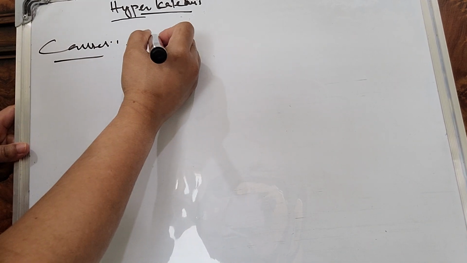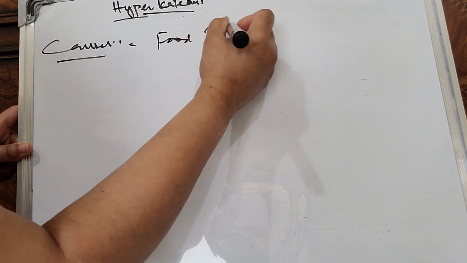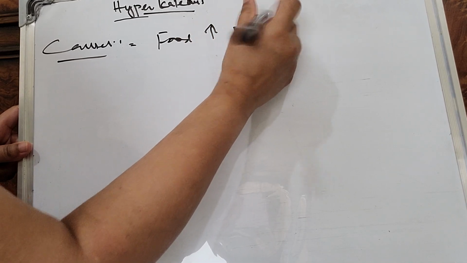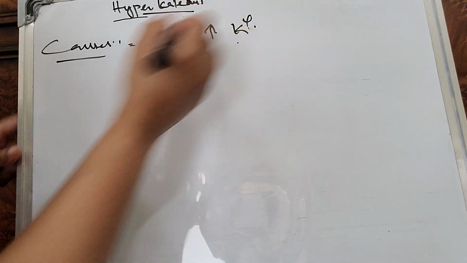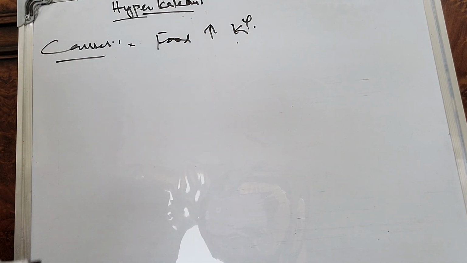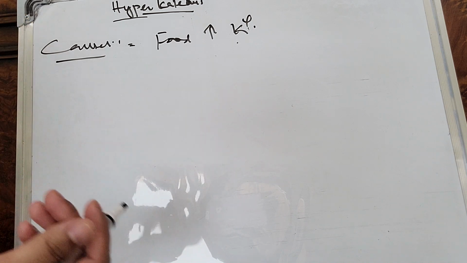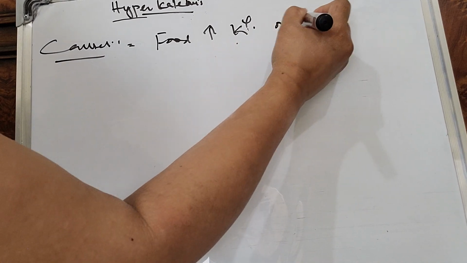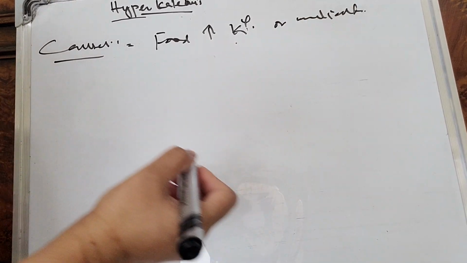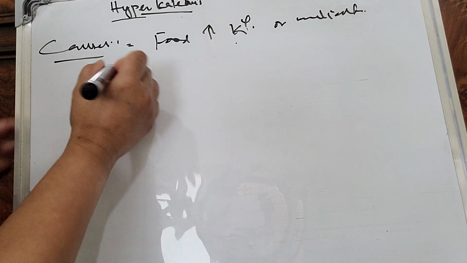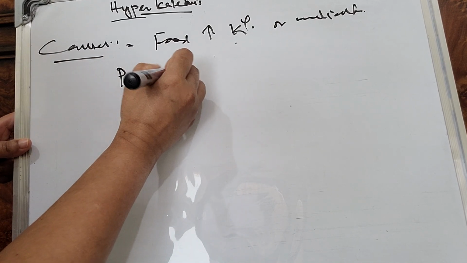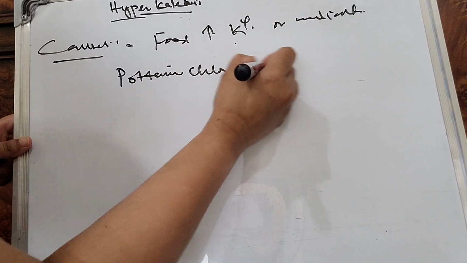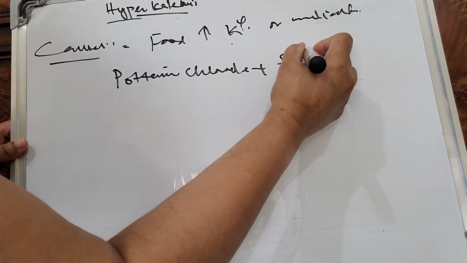The first cause of hyperkalemia is over-ingestion of potassium-containing foods. It means the patient is taking foods that have high potassium, or medication such as potassium chloride or salt substitutes.